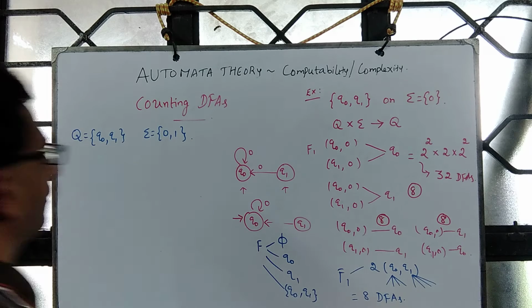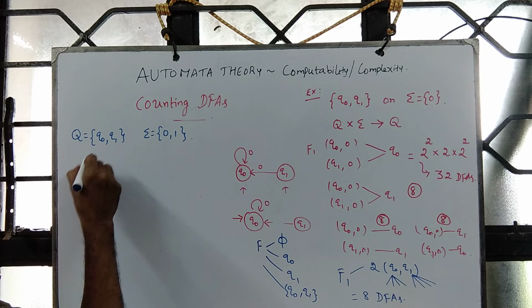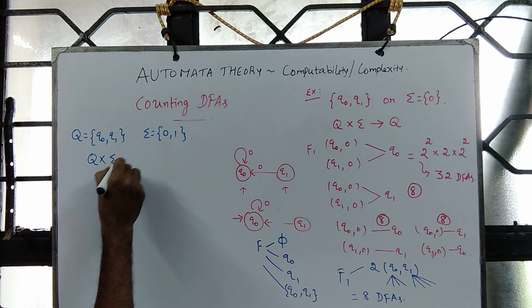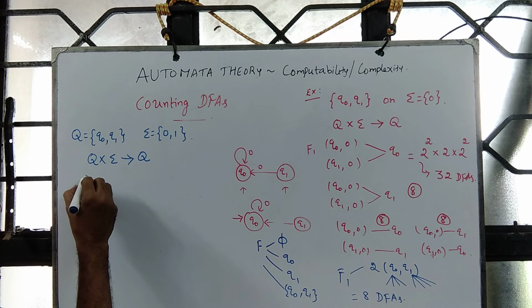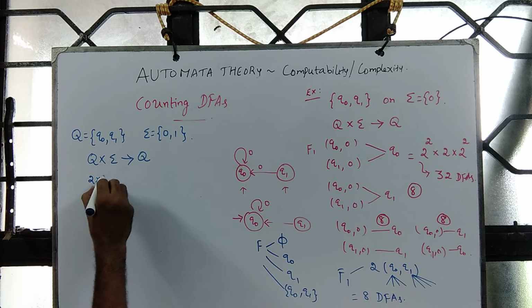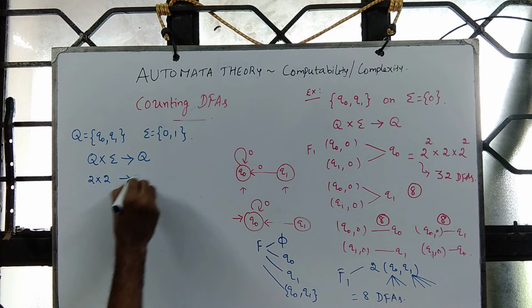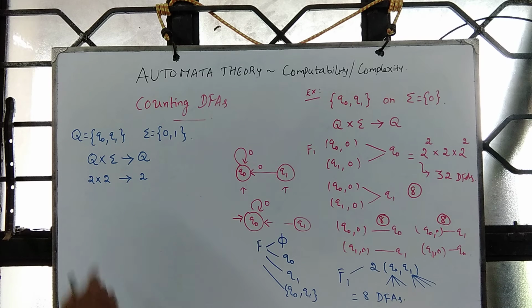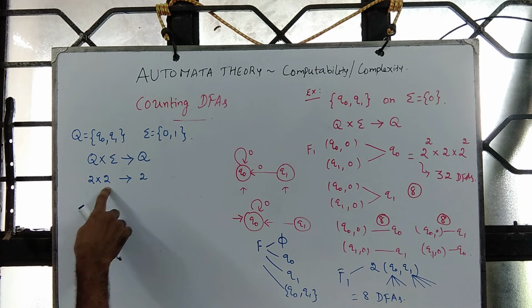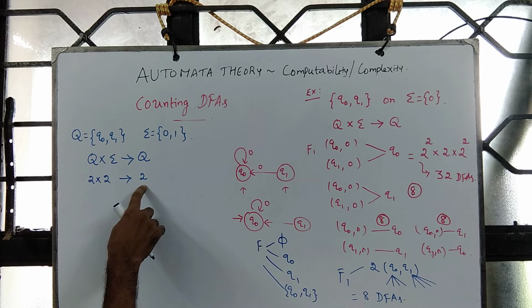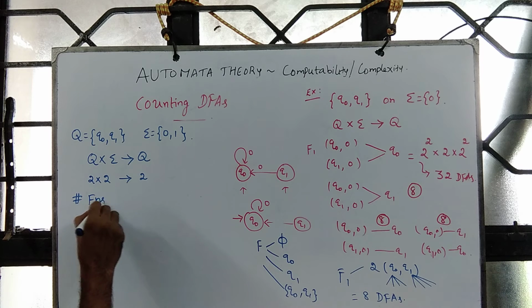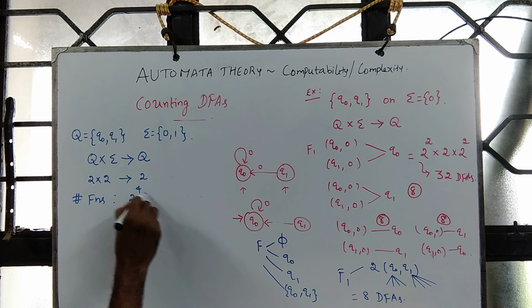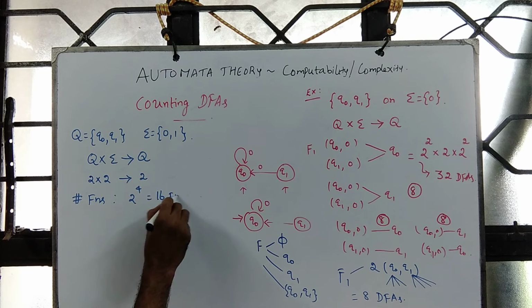Now if you look at the number of functions from Q cross sigma to Q, the cardinality of Q is 2 and the cardinality of sigma is 2, which means how many functions are there from a set of size 4 to a set of size 2. The number of functions is 2 to the power 4, so 16 functions are possible.